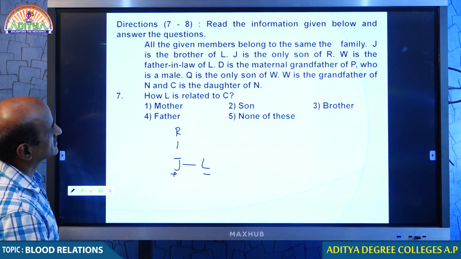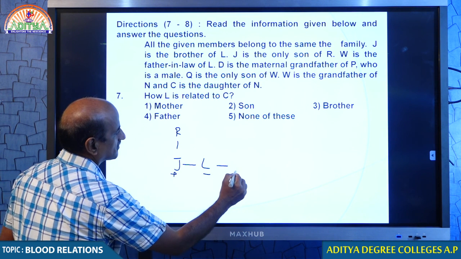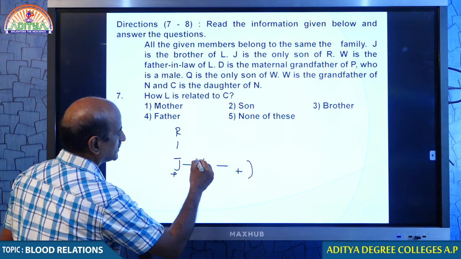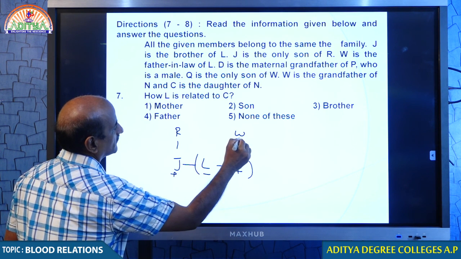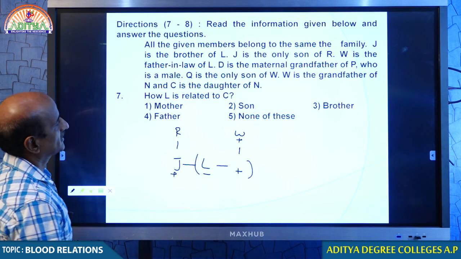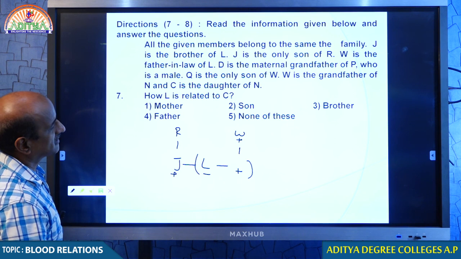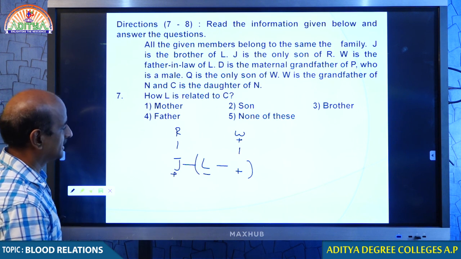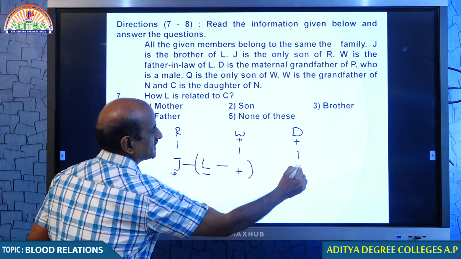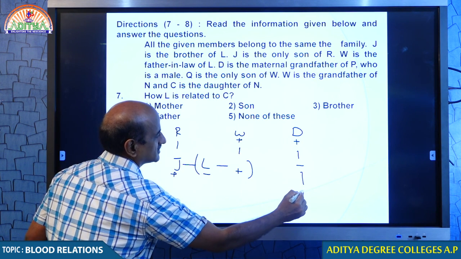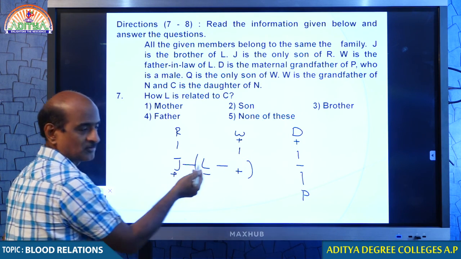W is father-in-law of L, which means L got married to one person, I don't know who that is, and W is father-in-law of L. You see, my dear students, W is father-in-law of L. D is the maternal grandfather of P. So D must be having a daughter and the daughter's child is P. I just put this aside because I don't know when to club this.